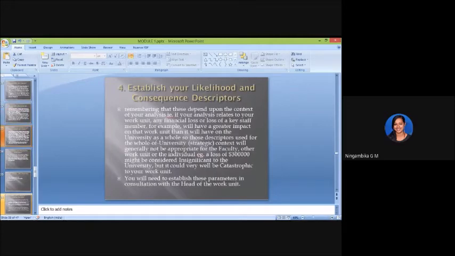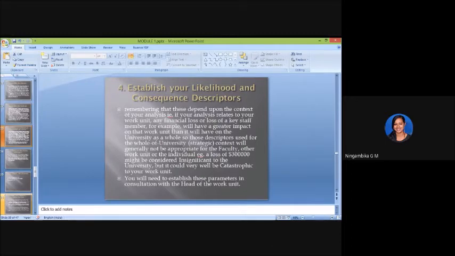Next one is establish your likelihood and consequences. Always remember that likelihood and consequences depend upon the context of your analysis. If your analysis is related to your work unit, any financial loss or loss of key staff members will impact your work unit only.